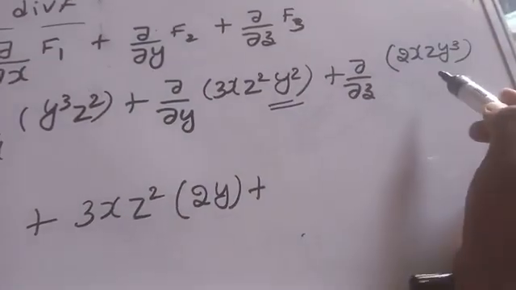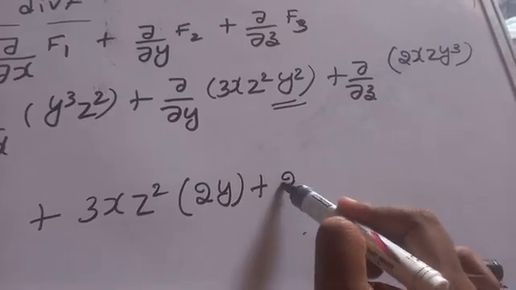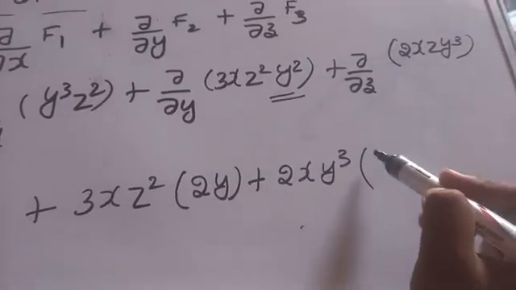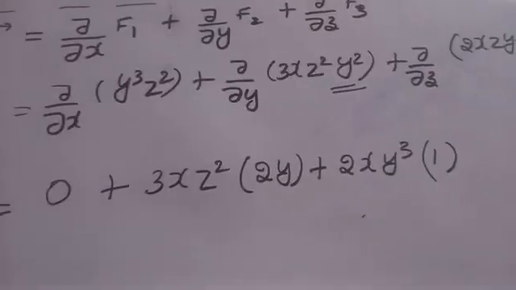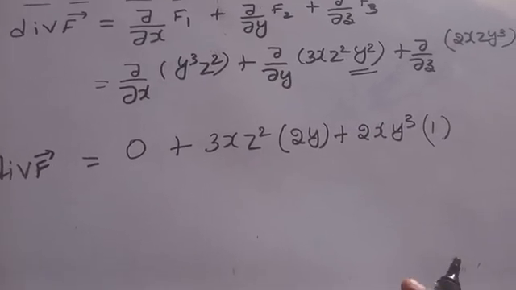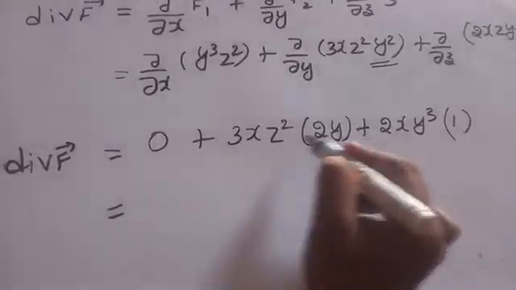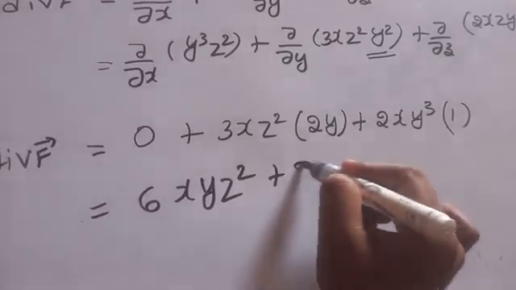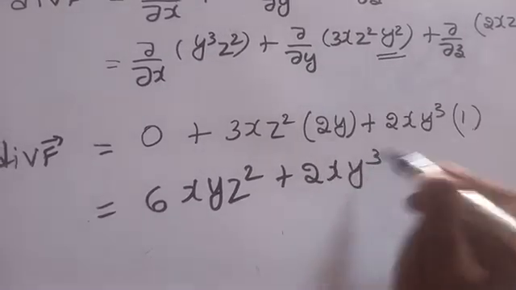Plus, with respect to z, 2x y cube is constant and the derivative of z is 1. So the divergence of F equals 3x z square times 2y plus 2x y cube, that is, 6xyz square plus 2x y cube.